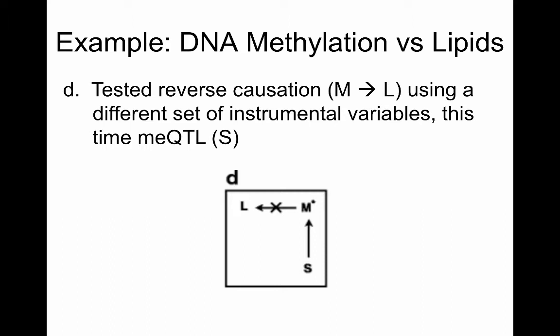I forgot to mention earlier that the asterisk in all these diagrams just means that this is the genetically predicted value of, in this case, methylation, and on other slides, lipids. And hooray, after doing this analysis, which is the same old Mendelian randomization but in the opposite direction, we do not have evidence of reverse causation. So we carry forward our same 11 SNPs, or rather 11 CpGs, to the last step.